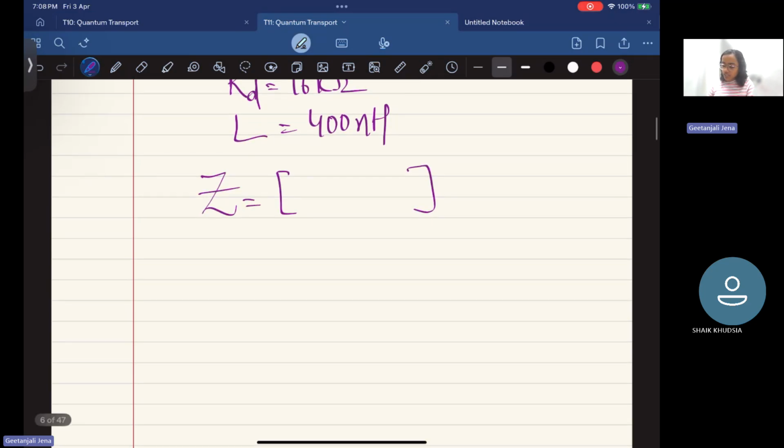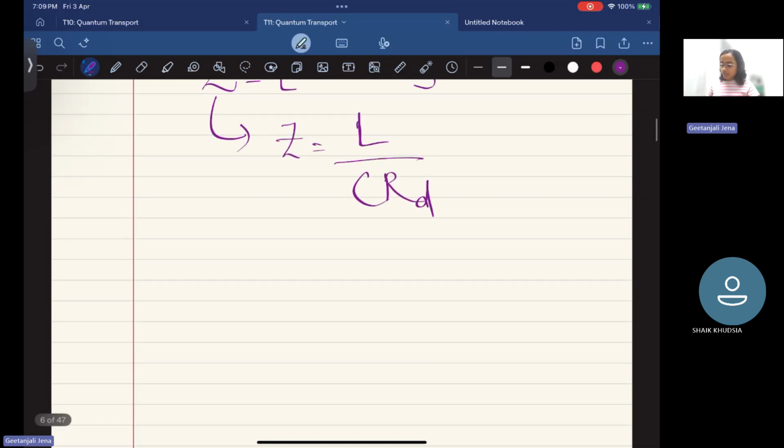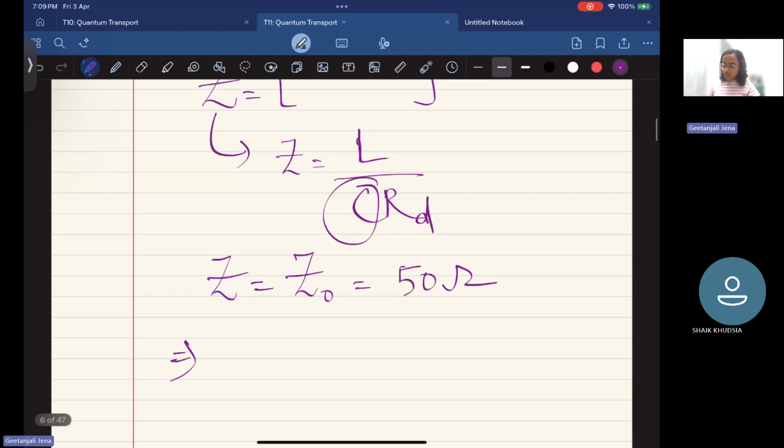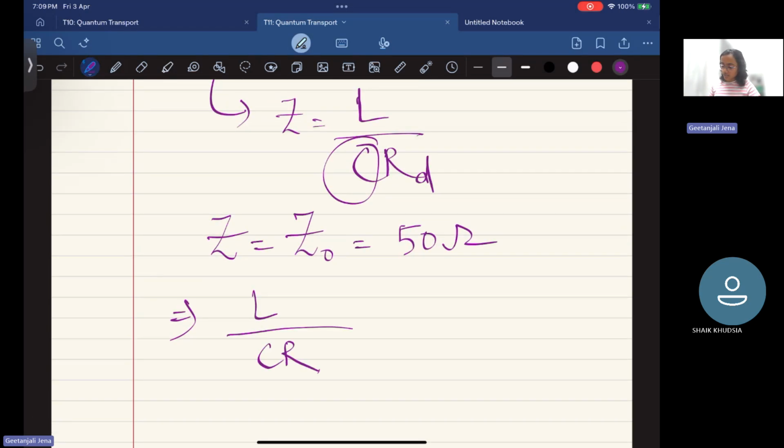You must have seen it in the slides; this is only the problem set. But at resonance, you can write Z as L by C RD. By resonance, we mean there is impedance matching with the coaxial line or the wire where we are sending the RF signal. So Z is equal to Z0, which is 50 ohm, and we want to calculate the capacitance. So L by C RD equals 50 ohm.